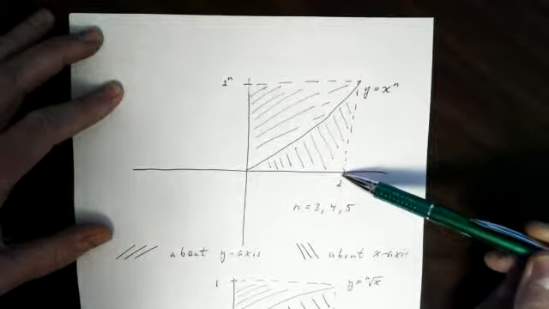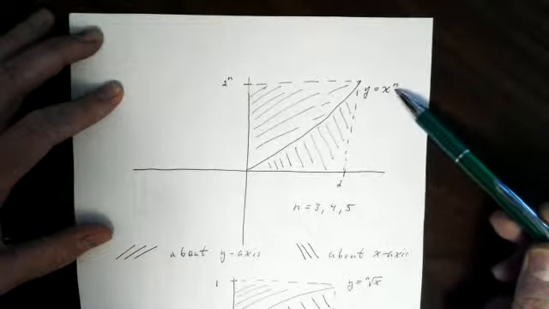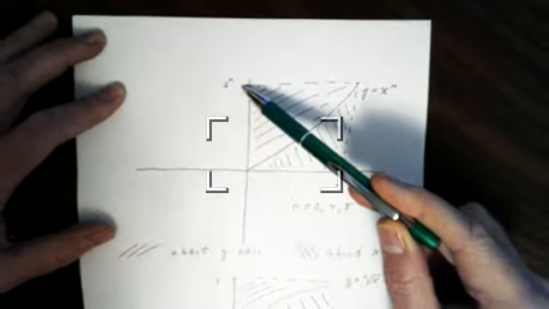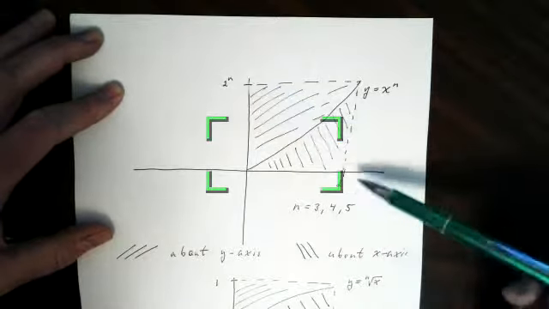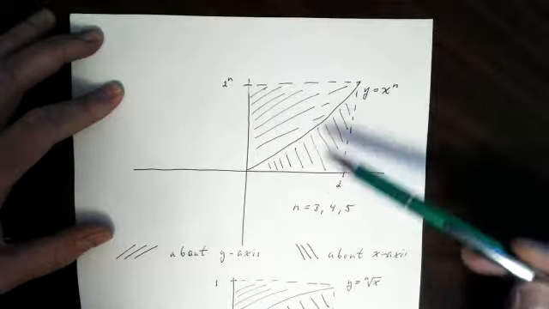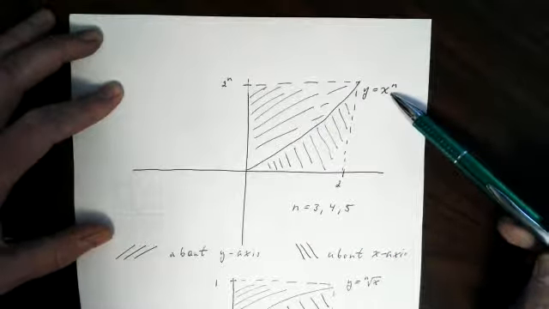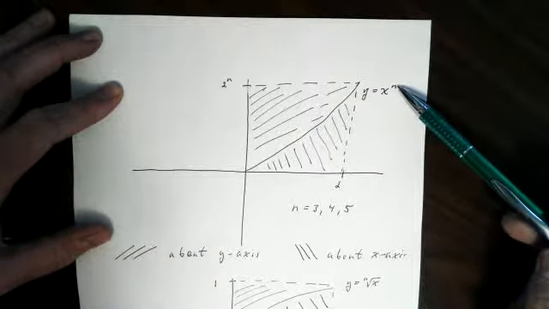If x is 2, and if, let's say, n is 3, this y value would be 2 to the third, which is 8. So take a region like this and revolve it around the x-axis. Try it using powers of n equals 3, n equals 4, n equals 5.